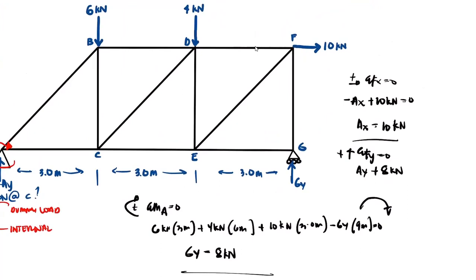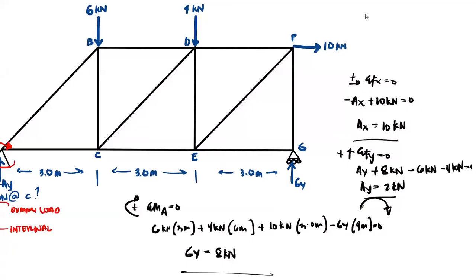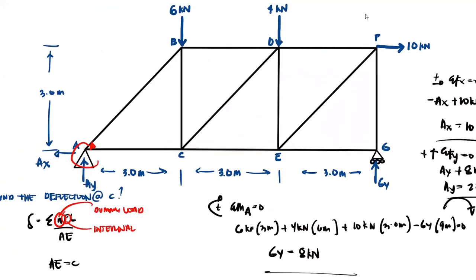And then negative 6 kilonewton minus 4 kilonewton is equal to 0. So AY is equal to 2 kilonewton. Okay? So now, kunin natin yung mga internal forces ng ating elements or ng ating mga members.